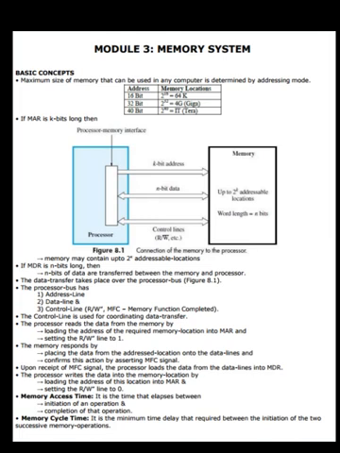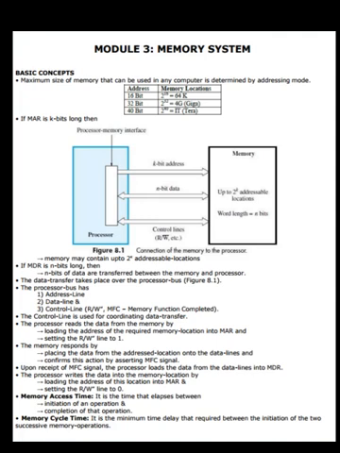The memory responds by placing the data from the addressed location onto the data lines and confirms this action by asserting the MFC signal. Upon receipt of the MFC signal, the processor loads the data from the data lines into MDR. The processor writes data into the memory location by loading the address of this location into MAR and setting the read or write line to 0.